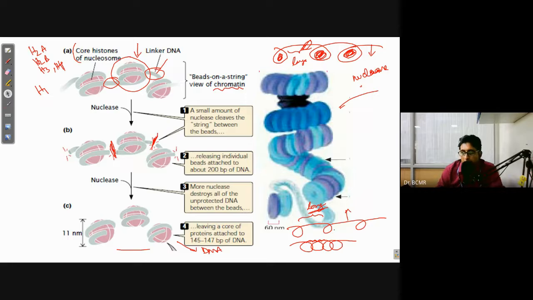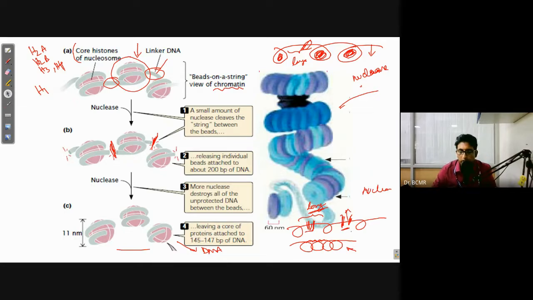If you add nuclease, the nuclease will cleave this DNA here. So that means they are hypersensitive sites to the nuclease. So euchromatin will produce cuts, whereas in heterochromatin, the nuclease may not be able to cut the DNA.